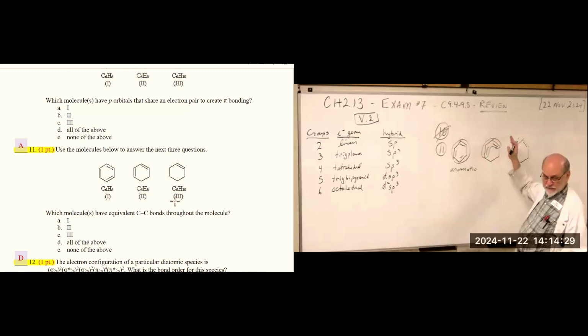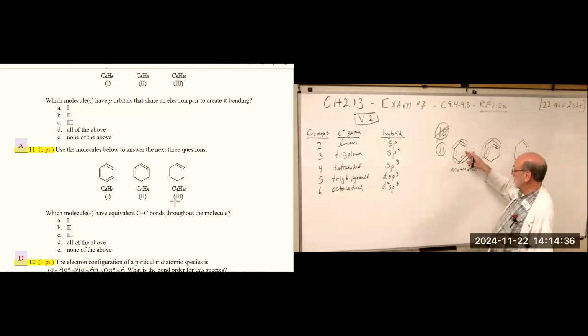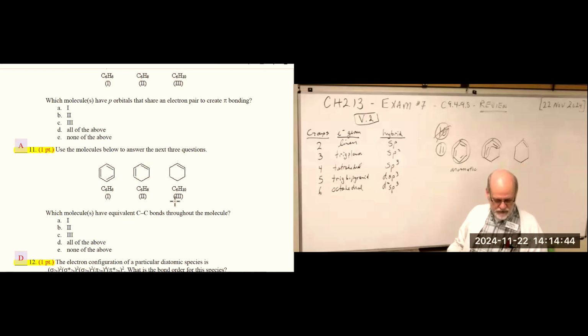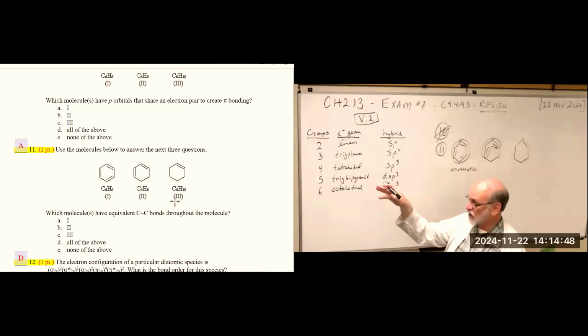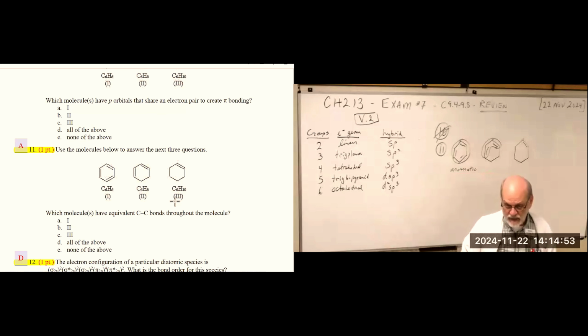All right, so they're not all the same. This one is different from any of these others. So this one, aromatics, all 6 of those bonds are exactly the same strength, exactly the same length. So A, the Roman numeral 1, that's the only one that has identical carbon-carbon bonds throughout the molecule.